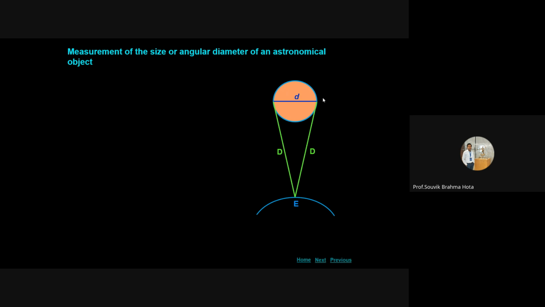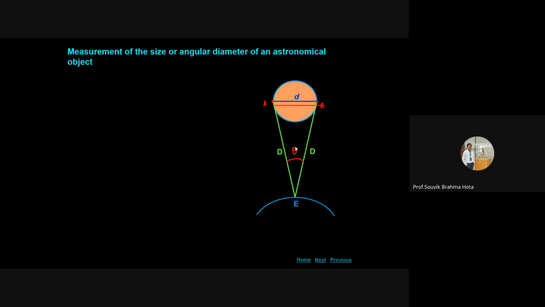From Earth you create an apex point, and along the diameter of the astronomical object you consider two different points, A and B. The distance between A and B is nothing but the diameter of that astronomical object. Again you get this angle, and you can consider angle theta.